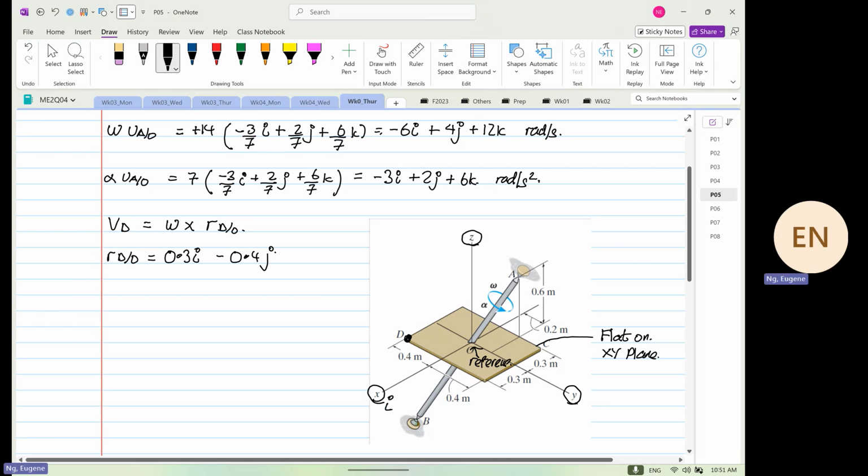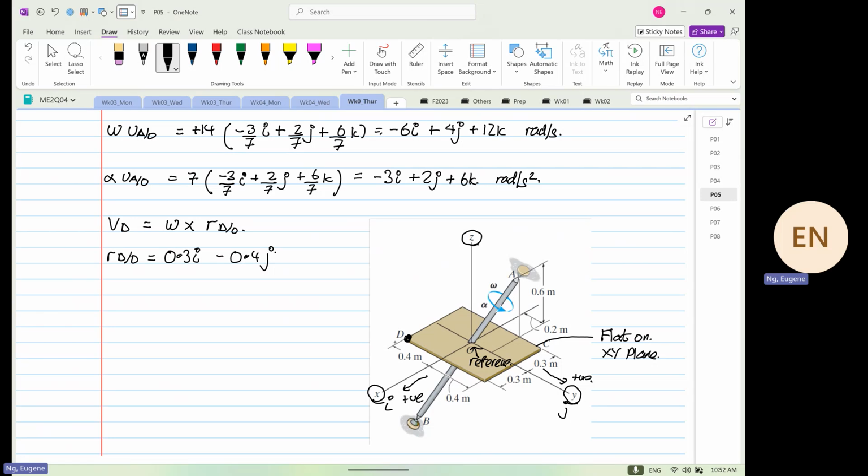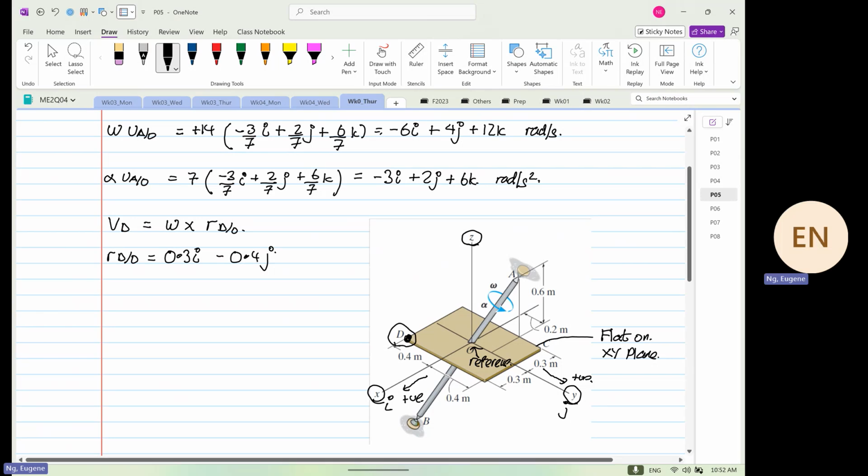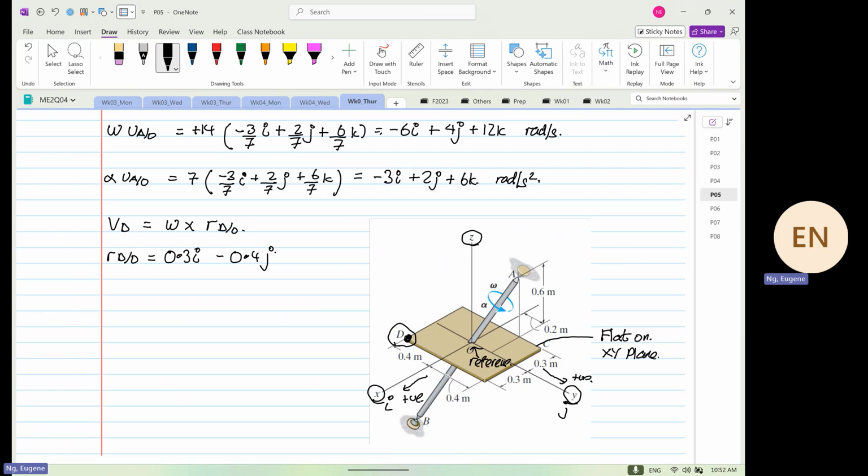If this is I and this is J, going in this direction is positive, and going in this direction is positive. So for this case, in terms of I at point D, I is positive, J is negative. Are we clear? You have to do everything relative to the orientation that is given. You don't flip things around.